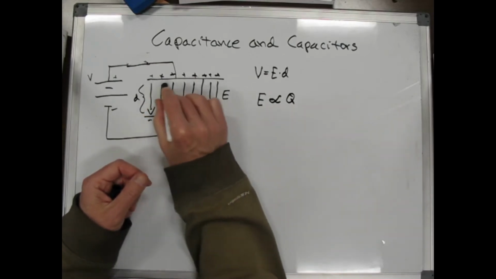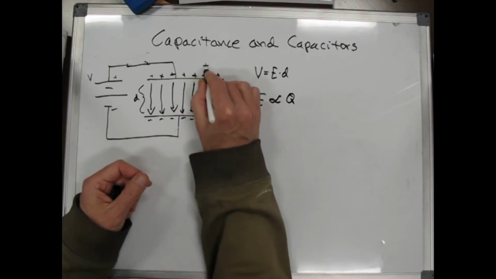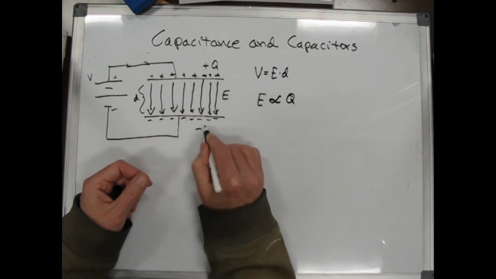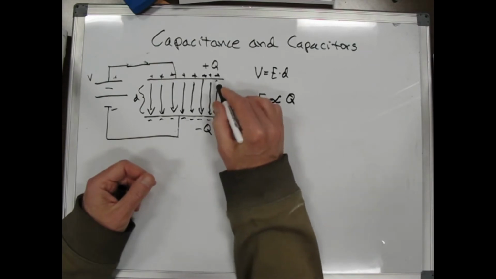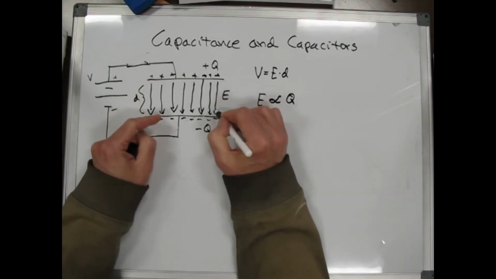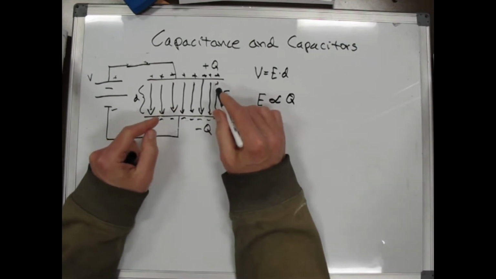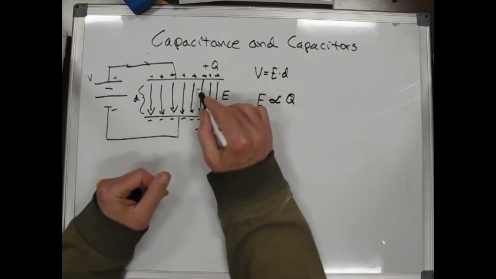That is to say, if I have Q in positive charges, this is going to be plus Q on top, and this is going to be minus Q on the bottom. With a capacitor, it'll always have the same number on one side as the other, because they go from one side to the other.